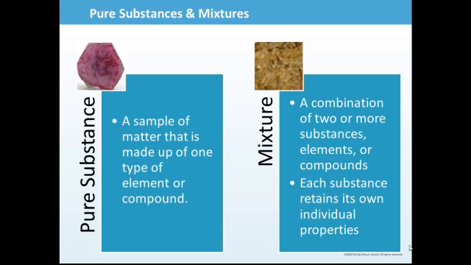The key with a mixture is that each substance retains its properties. When we mix them, we are not referring to reacting them. Remember back in Module 4 and first semester chemistry when you learned about chemical reactions. That is not a mixture. A mixture is when we simply put two things together, but they do not chemically combine.